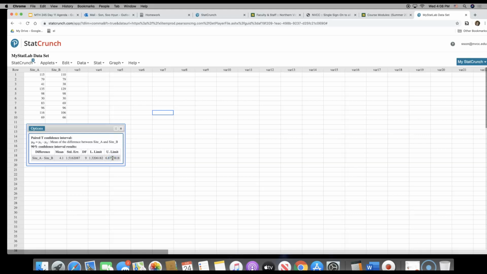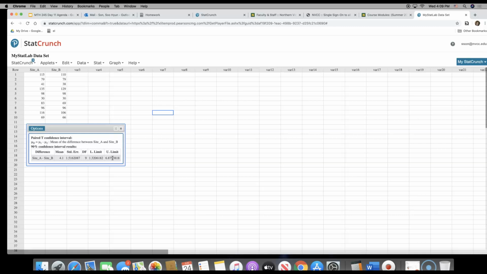What we talked about in class is this: what's the number that we care about? Remember, if they are the same, there's no difference, right? If you subtract the same thing, 10 minus 10, 9 minus 9, 7 minus 7, you get 0.